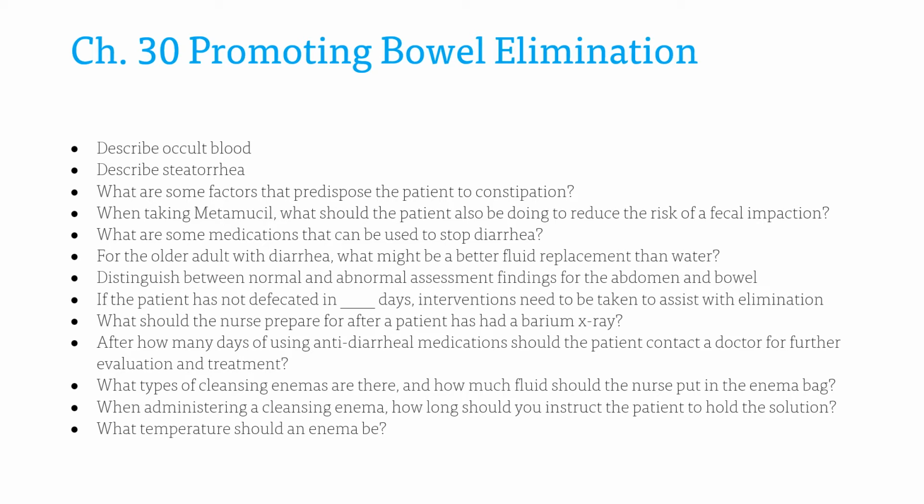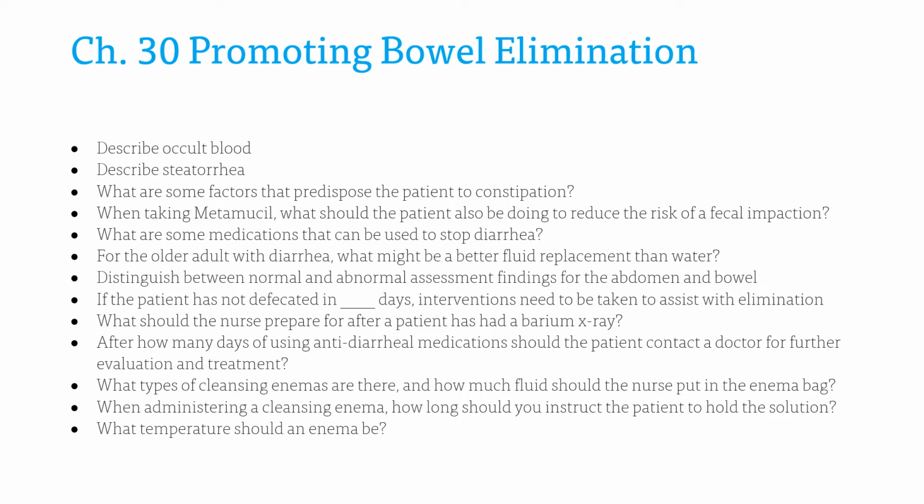Active bowel sounds are associated with increased motility that occurs after eating. Loud hyperactive sounds can be called borborygmi and can occur with diarrhea. Distension is revealed by an abdomen that is rounder and tighter in appearance than normal. The patient's abdomen is assessed for distension by percussion, and the nurse gently palpates the four quadrants of the abdomen to check for any tenderness and masses. And that's on 587.